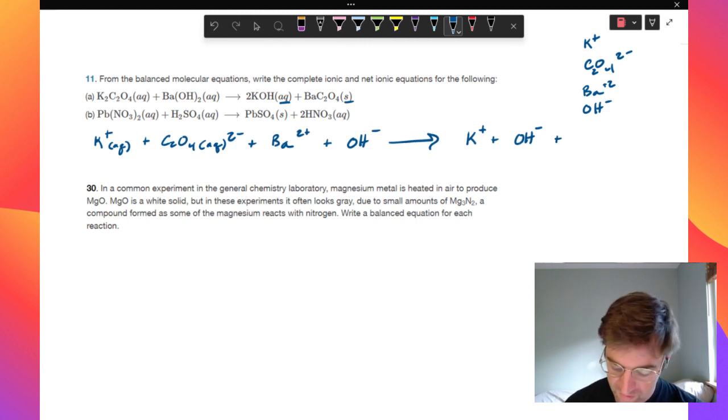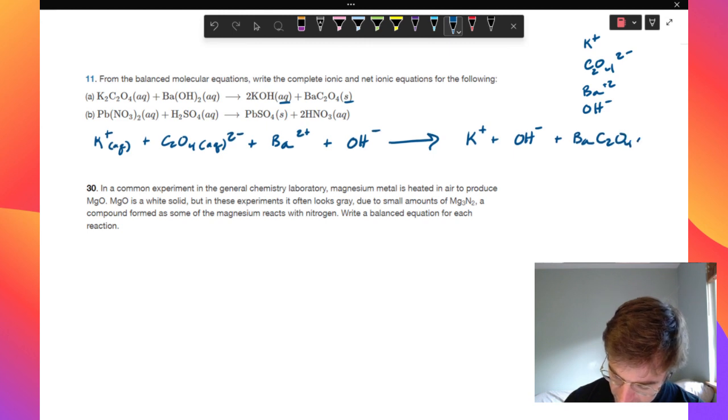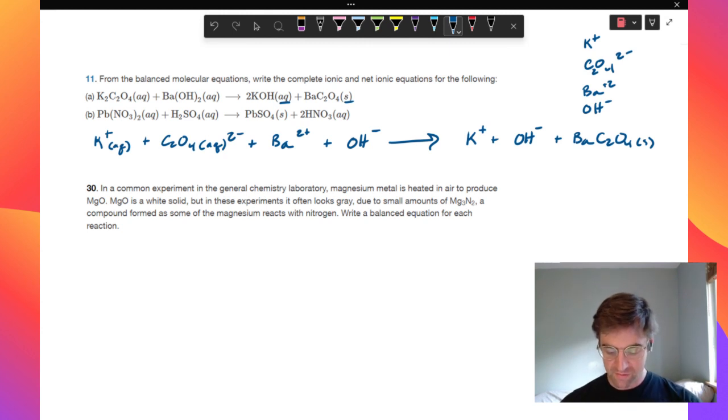And that last compound exists as it is because it is a solid, it is not charged. So this is our complete ionic formula. It's not balanced yet. We still need to add coefficients to get the same number on right and left. So let's fix this.